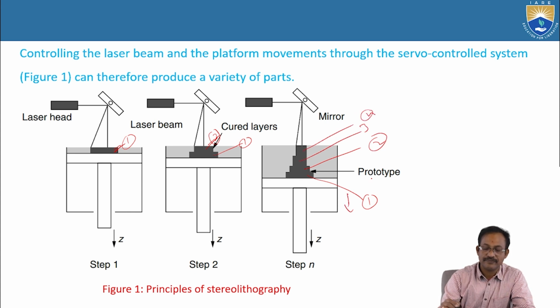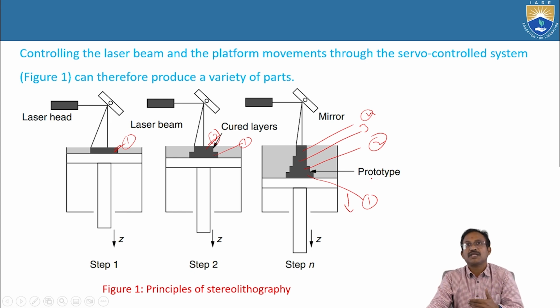Here also the first layer will be cured. After that the platform lowers so that the liquid layer occupies the previously cured layer, so that it will be cured then. This operation will be repeated till the prototype completes.